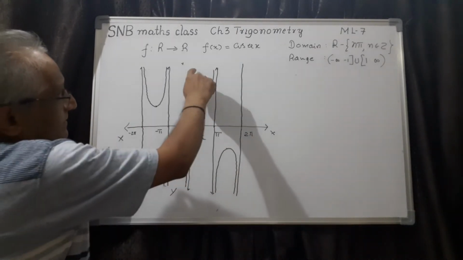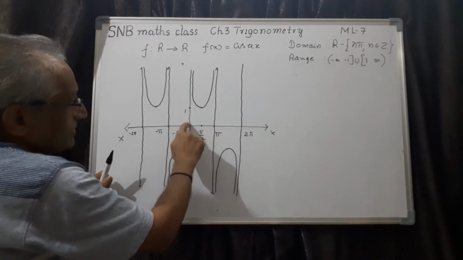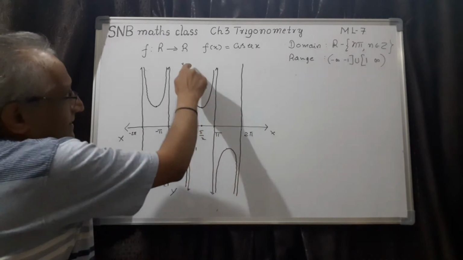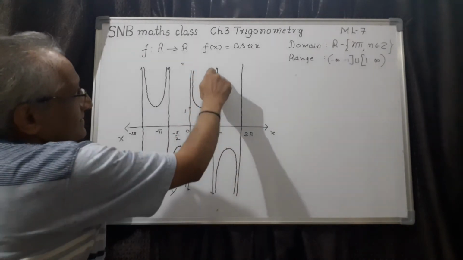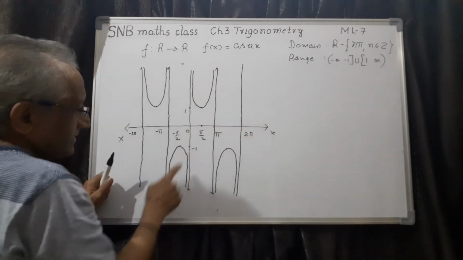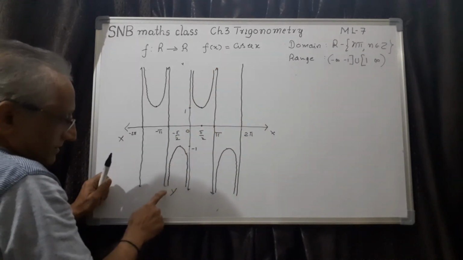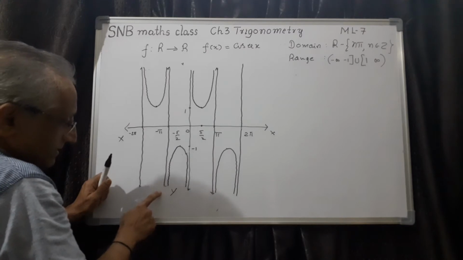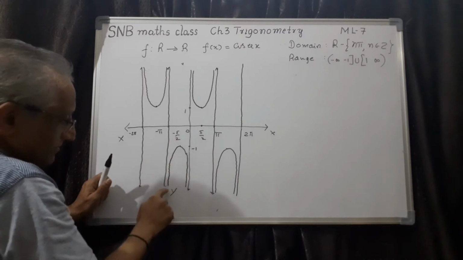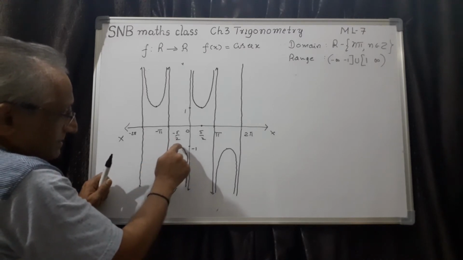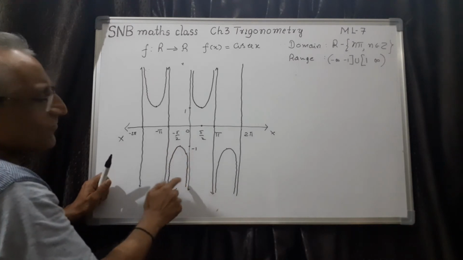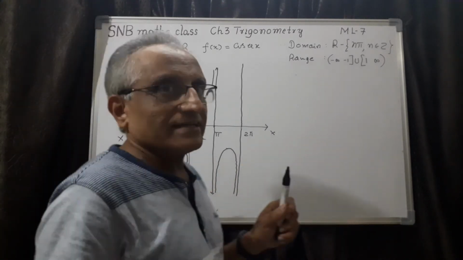Say, for example, it decreases in the interval 0 to pi by 2. So, it decreases here. Then it increases from 1 to infinity. Here, for example, in this branch, from minus pi to minus pi by 2, it increases. Then from minus pi by 2 to 0, it decreases. So, all these things we can understand from the graph.